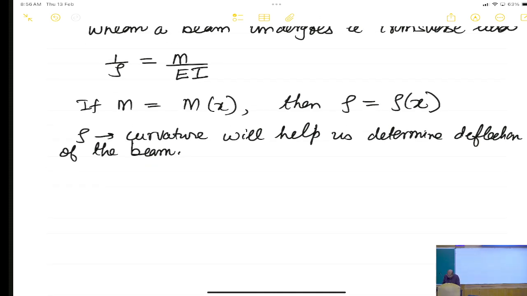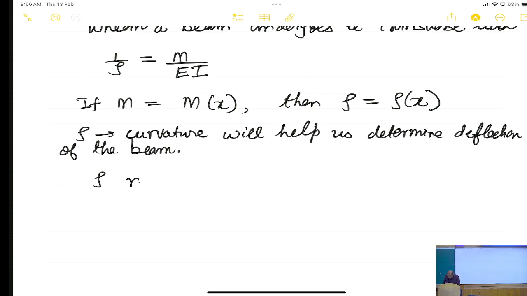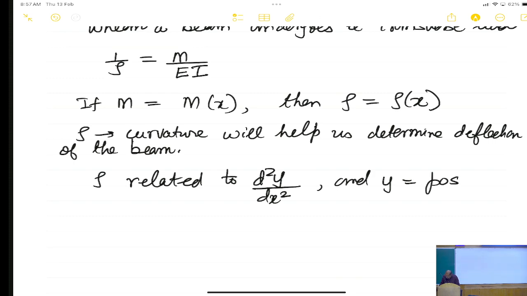and how does this happen? Because rho is related to d2y by dx square, and y is nothing but the position of the beam.